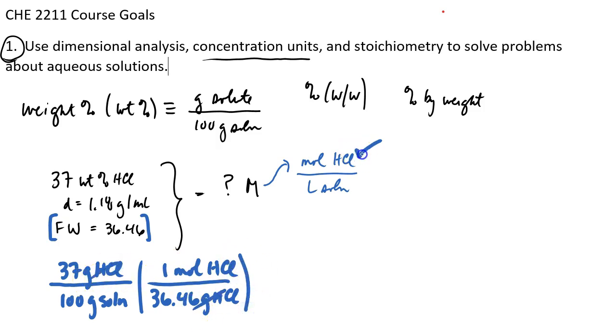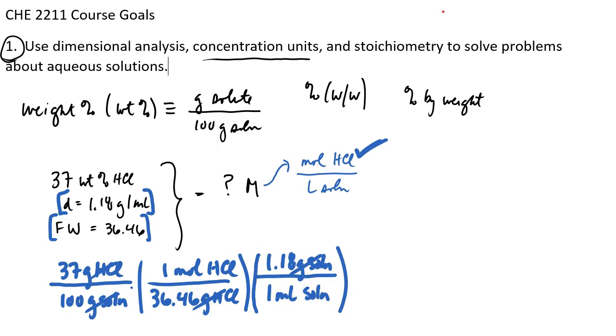So yes, we have our numerator finished, and now we've got to convert grams of solution into liters of solution, and that can be done easily using the density. So we can say that for every 1.18 grams of solution, there is 1 milliliter of solution.